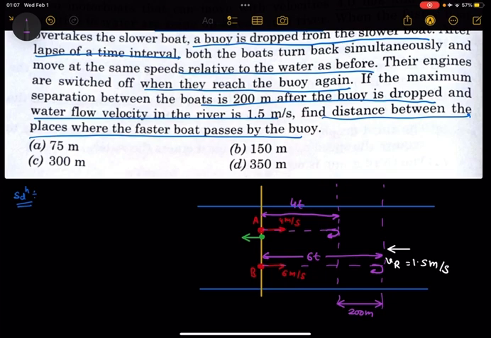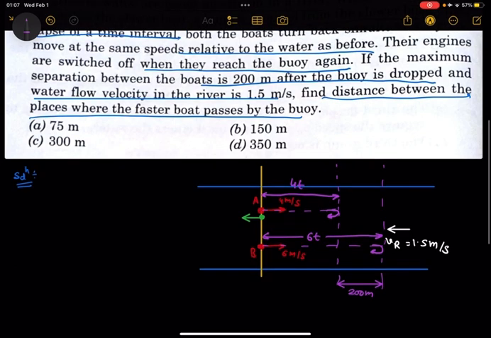So now the question is, find the distance between the places where the faster boat passes by the buoy. If I am calculating the net speed of boat A, you can say that this is moving with a speed of 4 and vr. So VA is 4 minus 1.5, that is 2.5 meter per second.